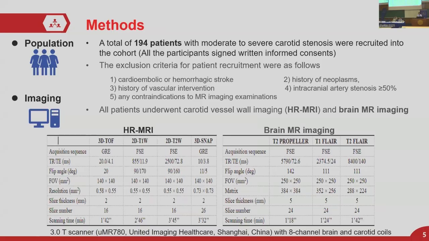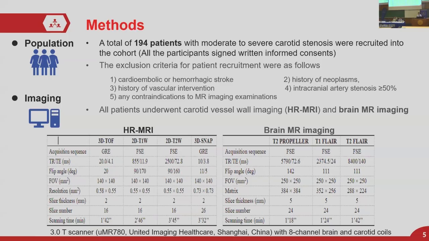We recruited a total of 194 patients with moderate to severe stenosis of the carotid artery. We collected the clinical data of the patients. The inclusion criteria are as follows. All patients underwent carotid vessel wall imaging and brain MR imaging.